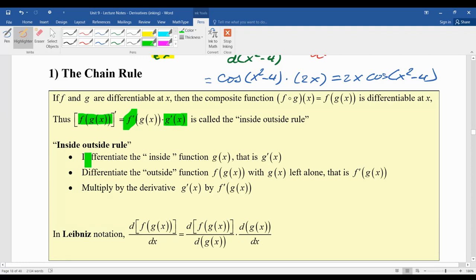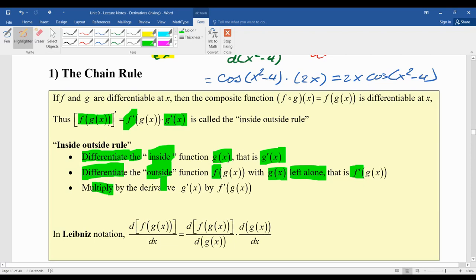So here are the steps. Differentiate the inside function g of x, that is g prime of x. Then differentiate the outside function f with g of x left alone. We just copy and paste the g of x. That's what it means. And then we multiply g prime of x by f prime of g of x.